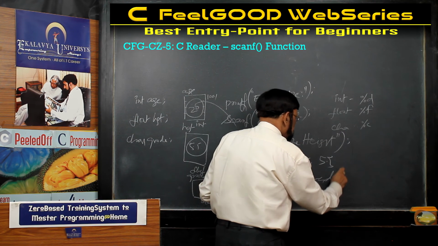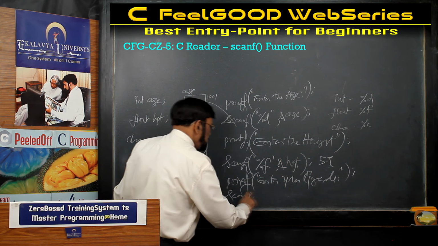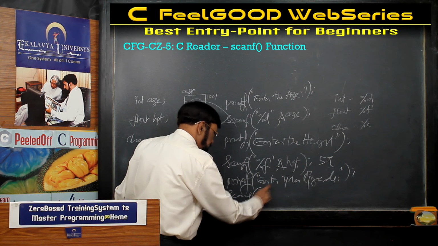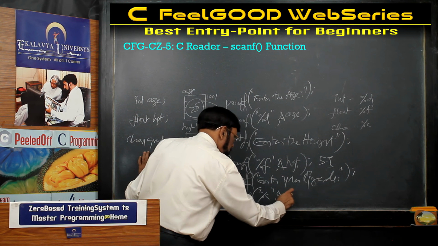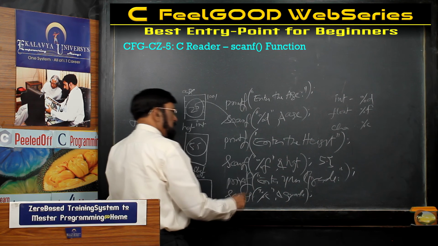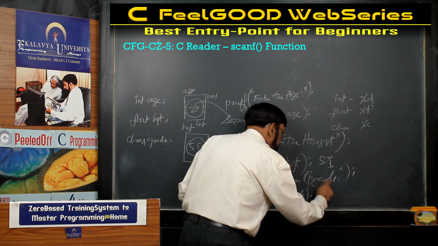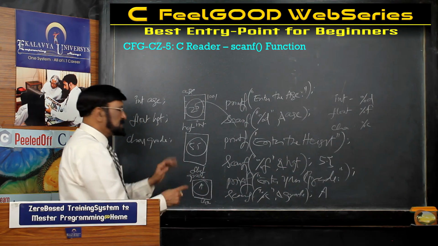This is the prompt statement you write. Then the scanf statement you write. What do you write? %c, ampersand, grade. Then you entered A, grade A. Then this postman drops it here.